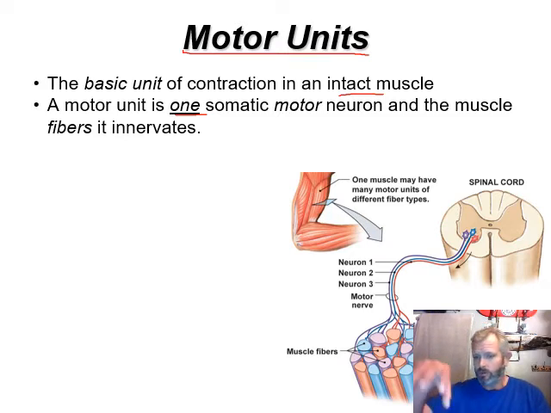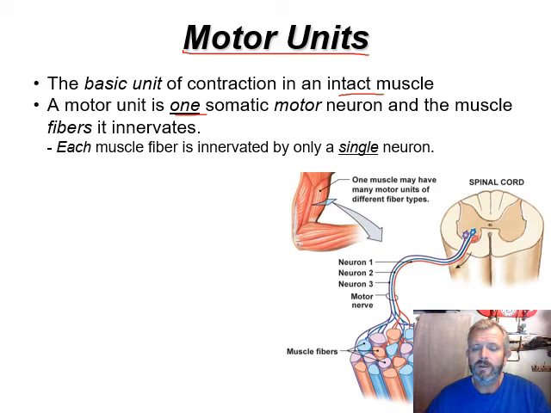Okay, so the motor neuron comes down, it doesn't just innervate one muscle fiber, it can innervate many different muscle fibers. And so when that motor neuron has its action potential, it's going to activate many different muscle fibers. Right? Each muscle fiber is innervated by only a single neuron.